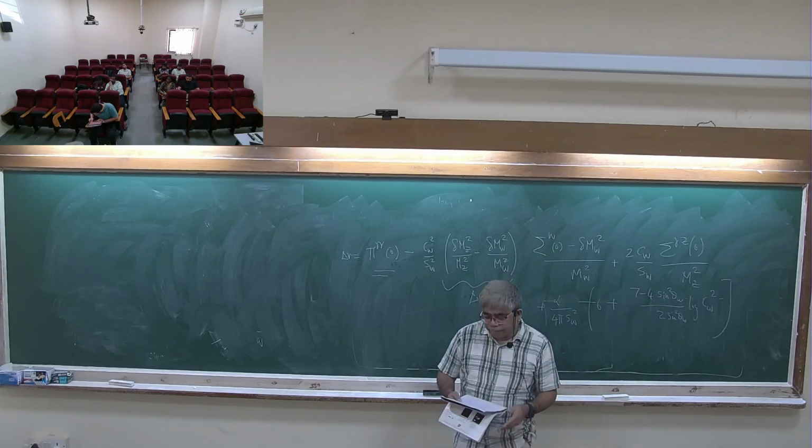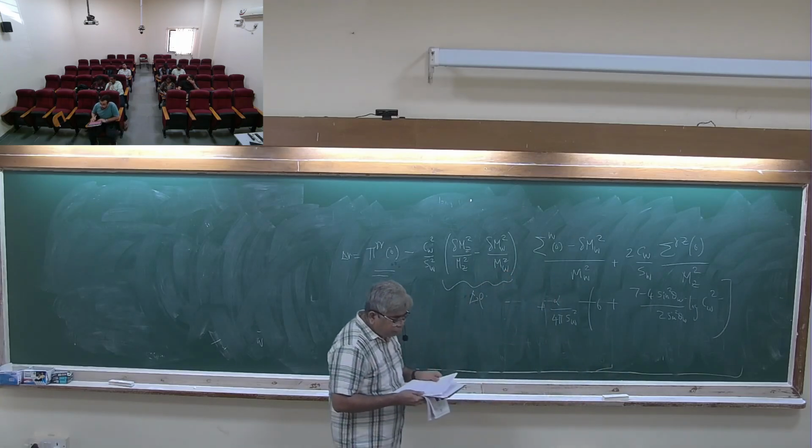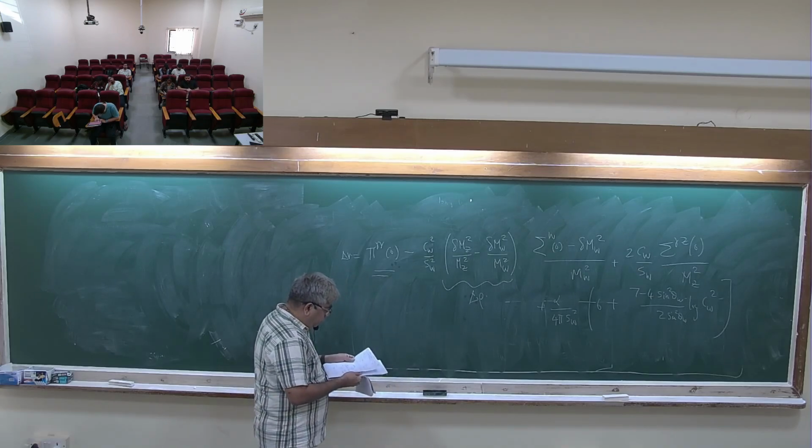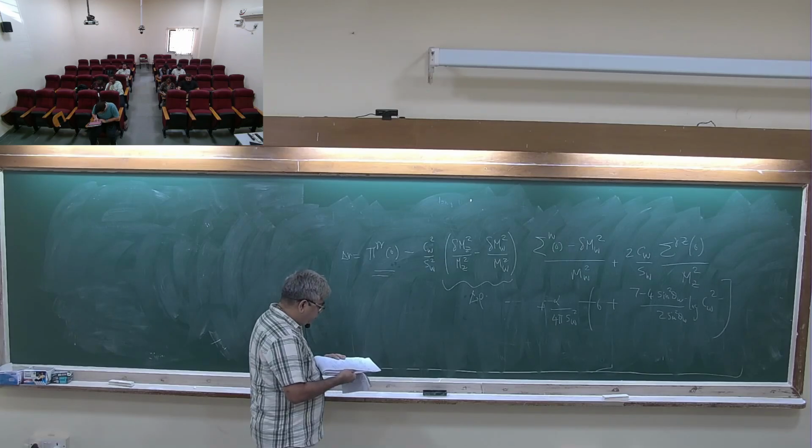Okay, pi gamma z and everything, sigma z. So after all that, essentially this all can be absorbed into delta alpha.